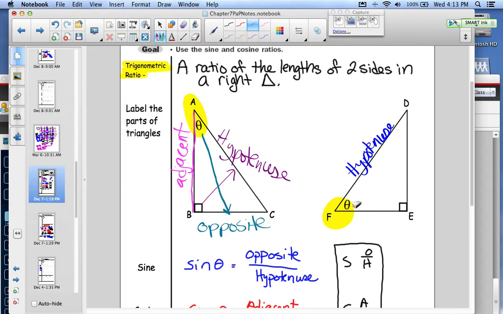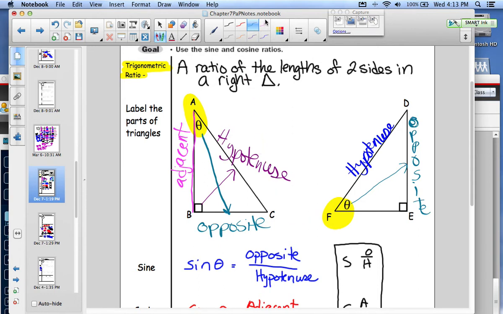And then across from that angle, opposite from it, not touching that angle at all, is this side. This would be the opposite side. So it is opposite from that angle.